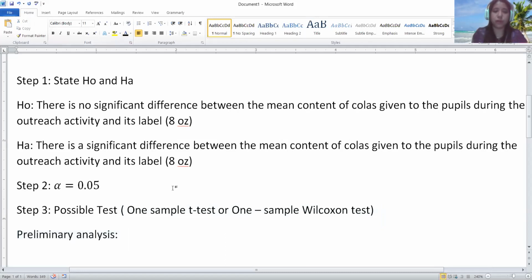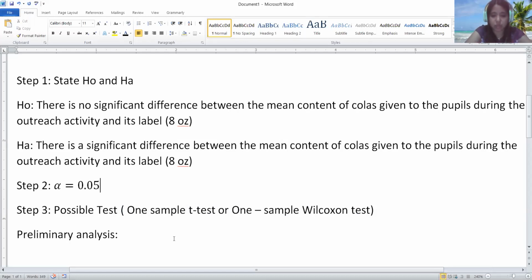Okay, so first, let's check the nature of the data. If the data is at least interval, then it is possible to use a parametric test. One sample t-test is a parametric test, but another condition that we need to consider is whether it is normally distributed.